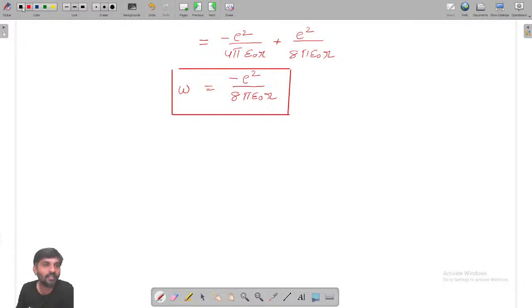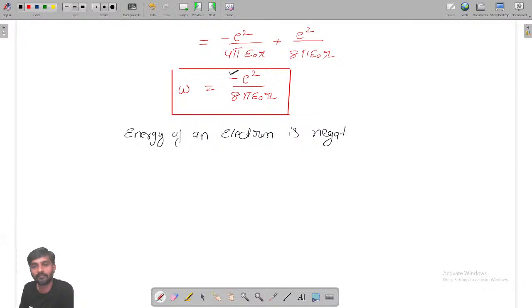The electron charge is negative, so the energy of an electron is negative. So what does it mean, sir? As the electron approaches the nucleus, the energy of the electron decreases.